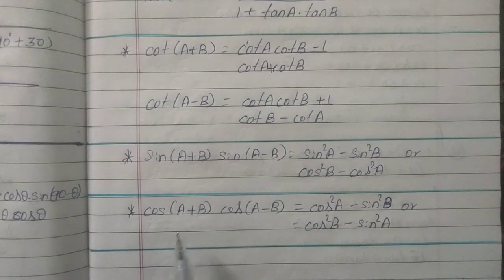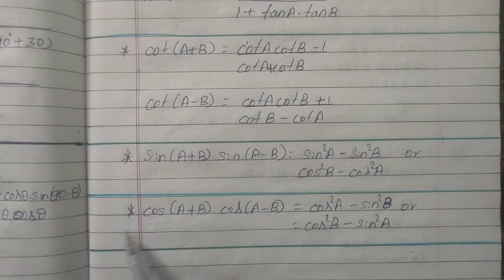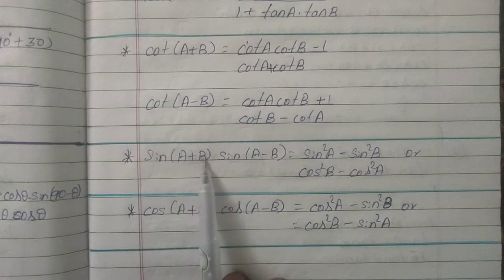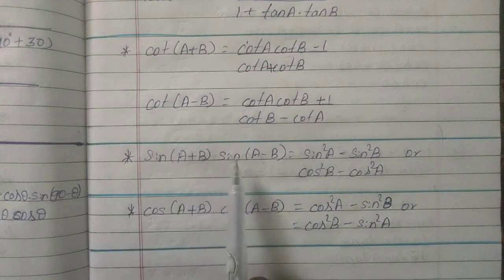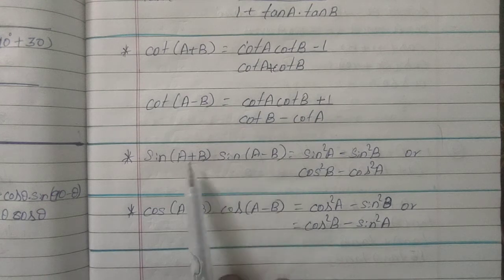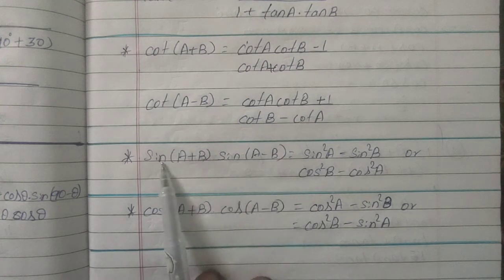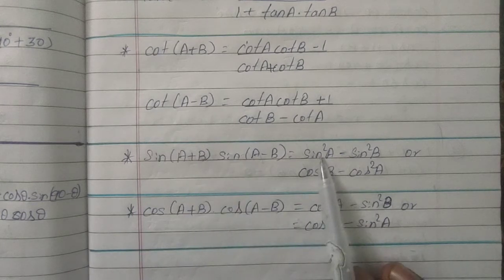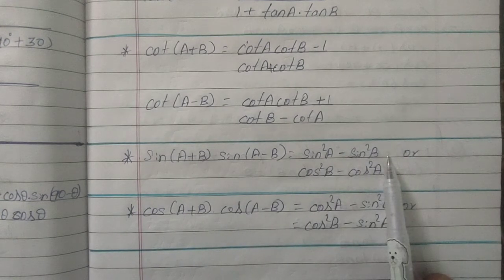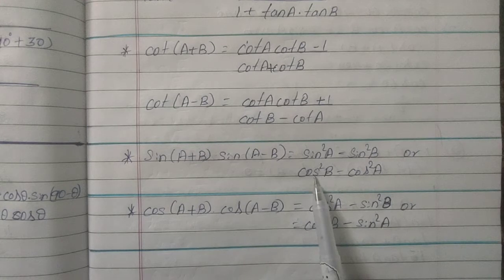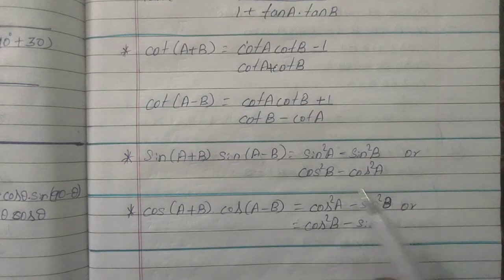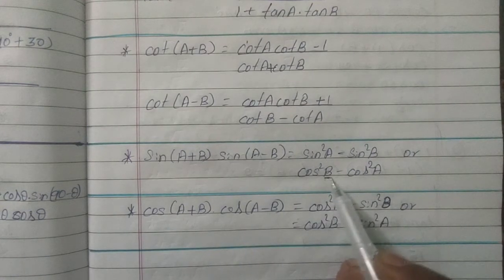Apart from this, two more important formulas are there. Sin A plus B into sin A minus B. A plus B and A minus B, these two are compound angles. When we multiply them, we will get sin square A minus sin square B, or cos square B minus cos square A. Remember this.